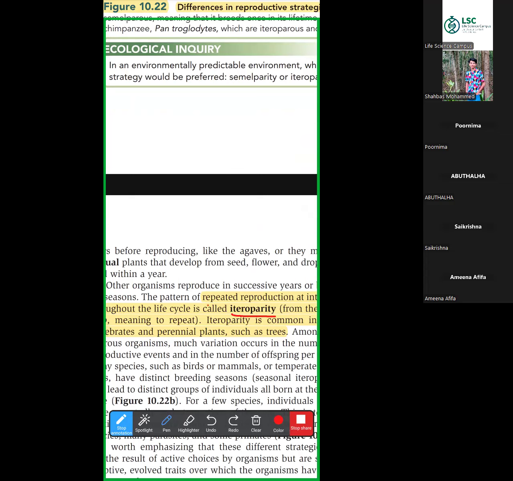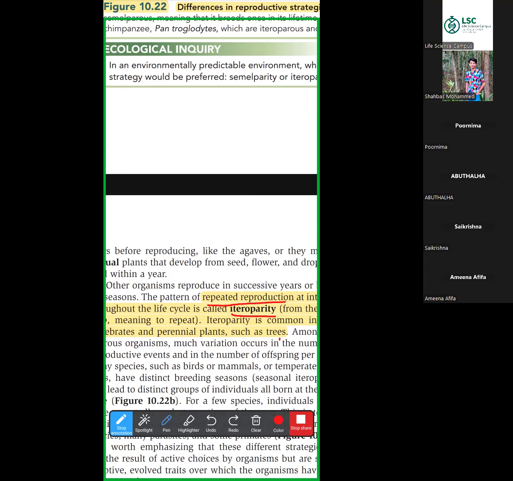It includes repeated reproduction at regular intervals throughout their life cycle. But in semelparity, there is only one single reproductive event. In iteroparity, there is a repeated pattern of reproduction at intervals throughout their life cycle.